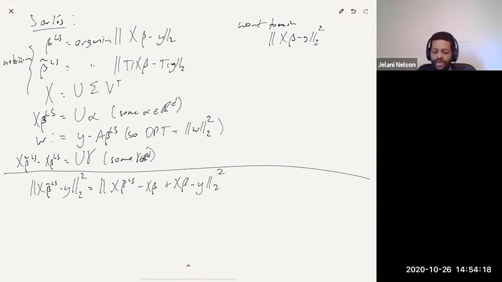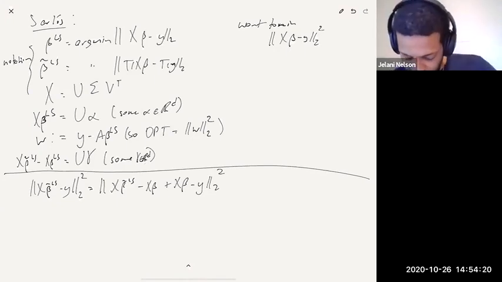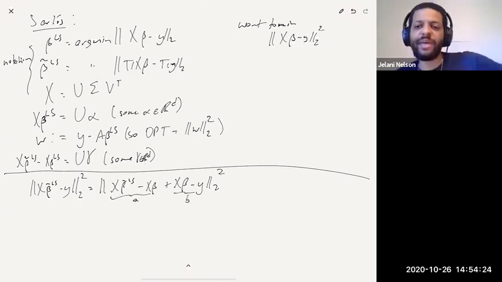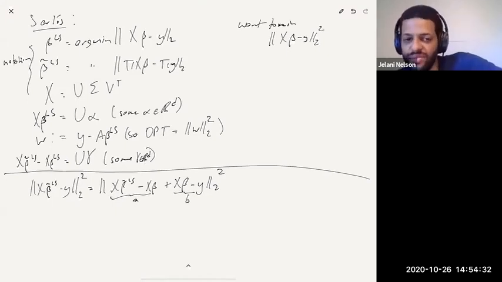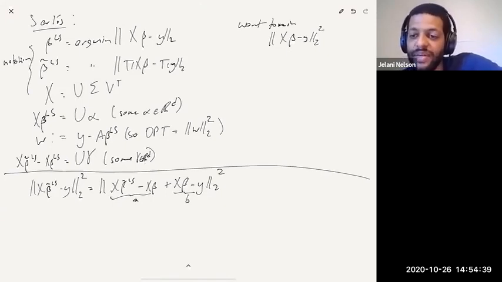Now, in general, if I have a plus b, L2 norm squared, I can express it as a squared plus b squared plus twice the dot product. I claim that a dot b is 0. Why? Because a is in the column space of x. What can you tell me about b?